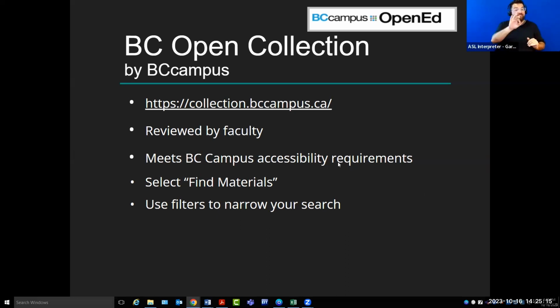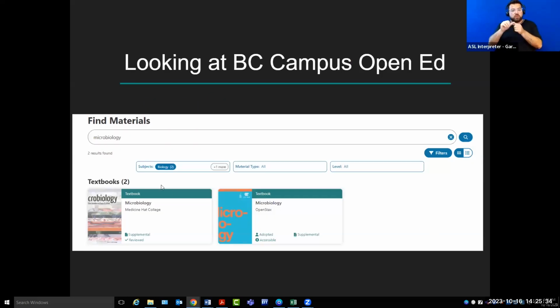So if that's something that you're looking for, they have these filters that you can use to narrow your search. You want to select find materials, and then you can use the filters to narrow down your search. For this one, I put microbiology in for my search, and it gave a couple of different sources, and they were both textbooks, and that's how I could filter it down.